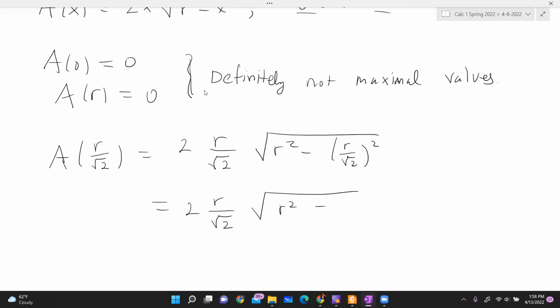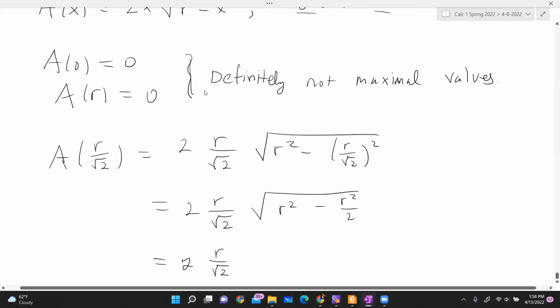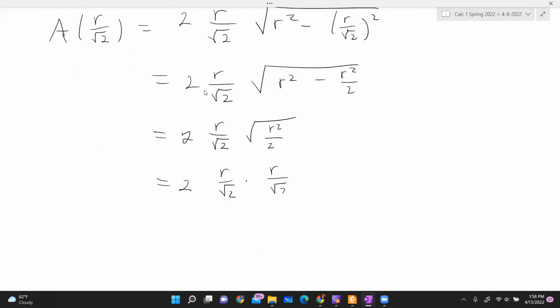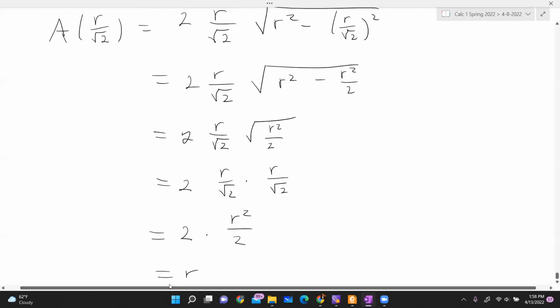You get r squared minus r squared over 2, which simplifies to r squared over 2. Now the square root of r squared over 2 becomes r over root 2. Then you multiply the two fractions, you get 2r squared over 2 times root 2 times root 2, and the 2's cancel. And you get r squared, which is definitely bigger than 0.